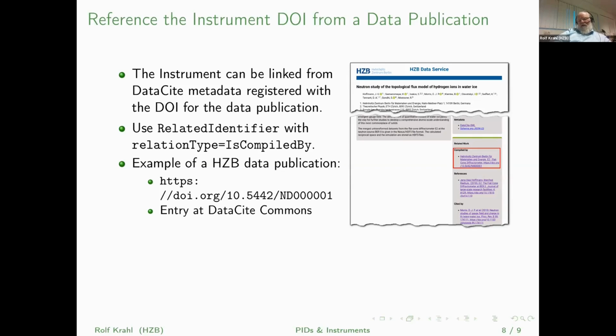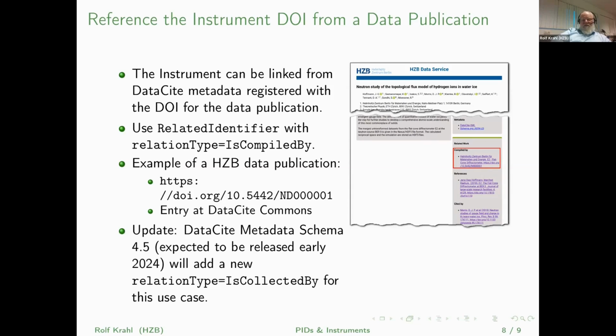And in the current schema, we use a related identifier with relation type "is compiled by". And here you see an example. So you have that in the metadata that you can look up, but also in the landing page, you have a link to that instrument.